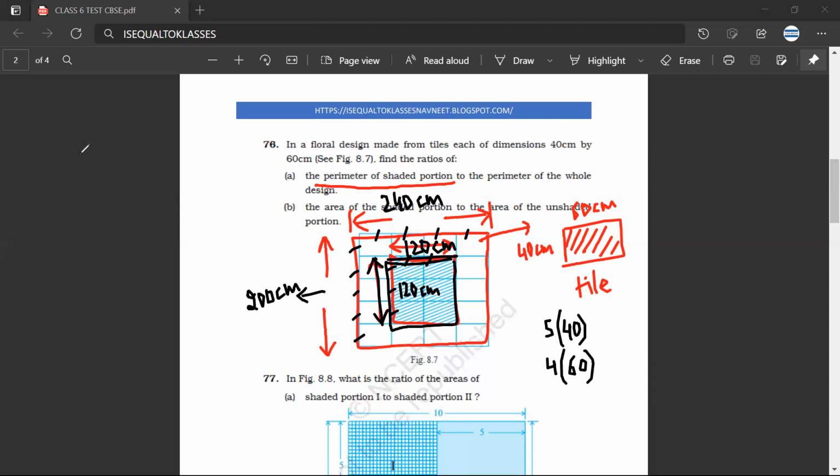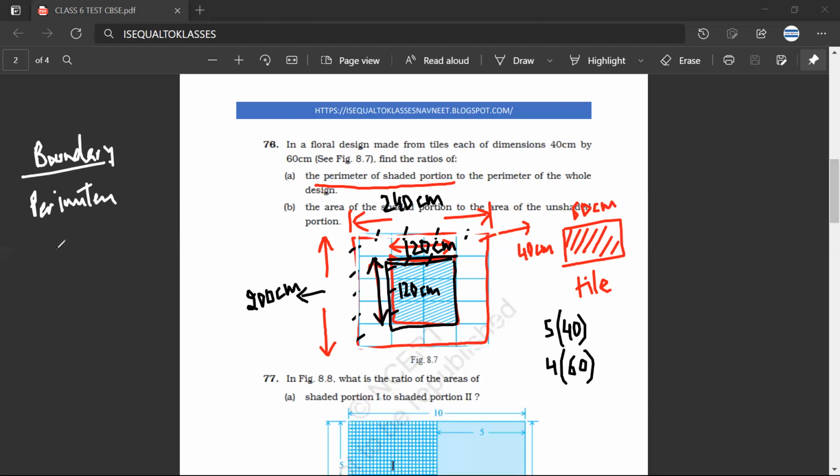Okay. Now what I can do is find the perimeter of the boundary. This one. So Sarthak, what would be the perimeter of the boundary?